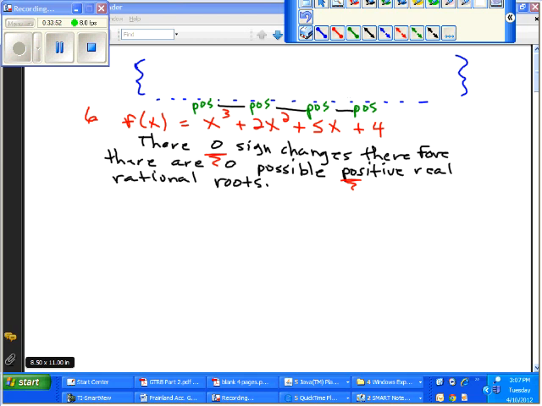Now here's the thing. Remember that rational roots are the ones that are not irrational. Remember that irrational roots and imaginary roots come in pairs. That means we're going to lose 2 at a time. Because when we lose something that's not rational, it's either irrational or imaginary, and you don't just lose one at a time.